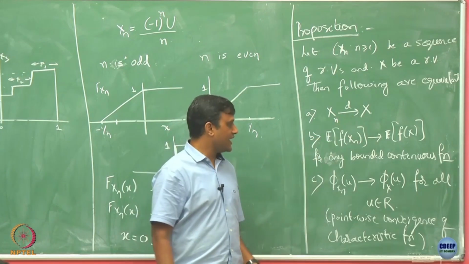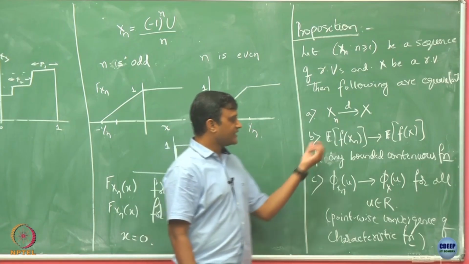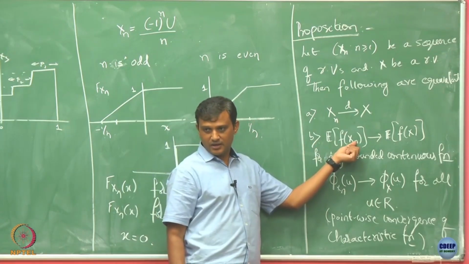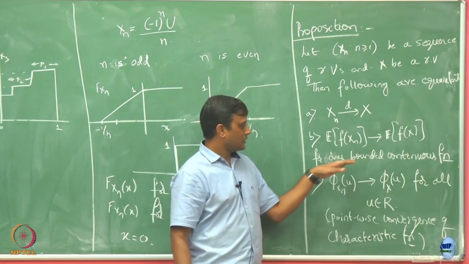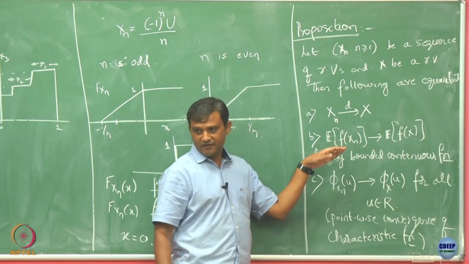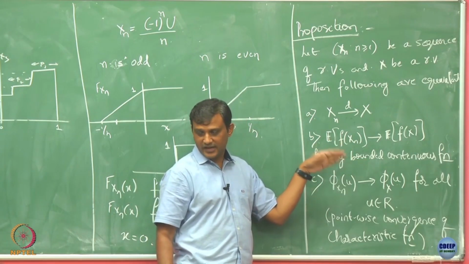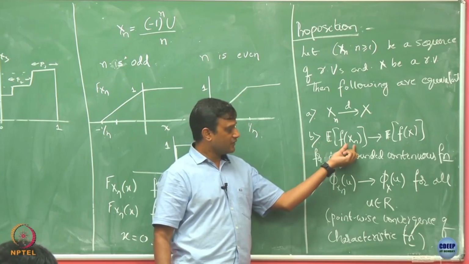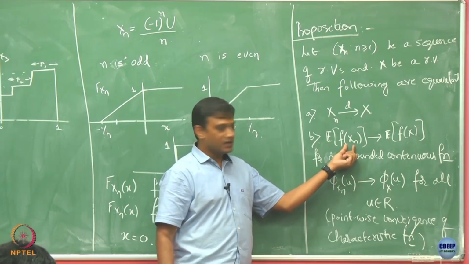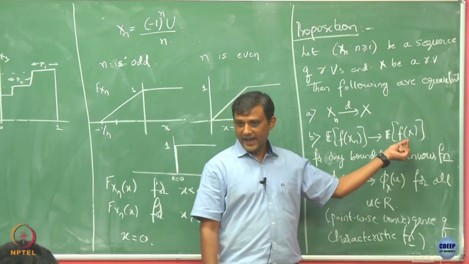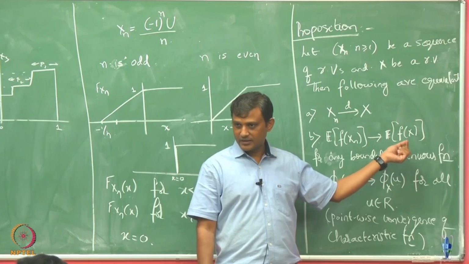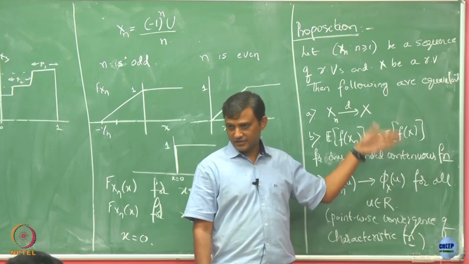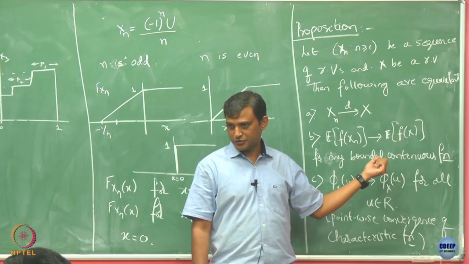This is equivalent to saying that if you take the expectation not directly of the random variable, but of some function of this random variable, where this function is continuous and bounded, and if this sequence of expectations converges to the expectation of the function of that limiting random variable, then this also implies that they converge in distribution.